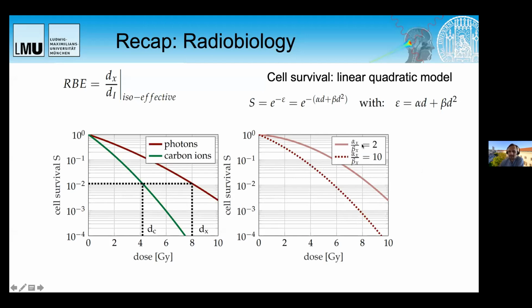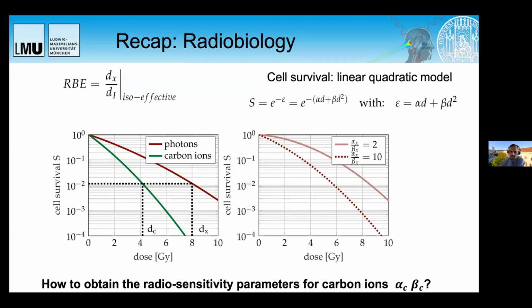These parameters are historically well known, or better known, in the photon world. The question is now, how can we derive the radiosensitivity parameters of carbon ions? This is also what I am going to talk about. But to derive these parameters for carbon ions, we have to take one step back.